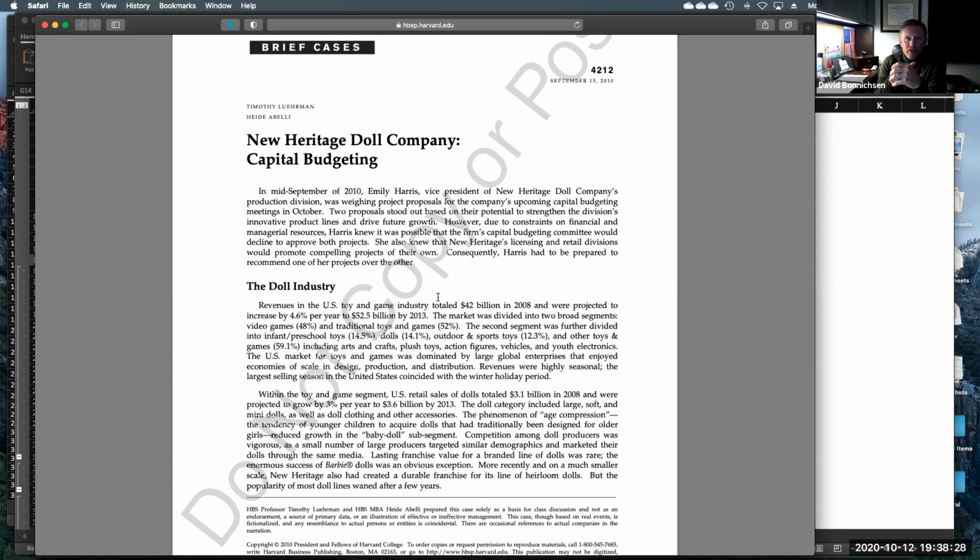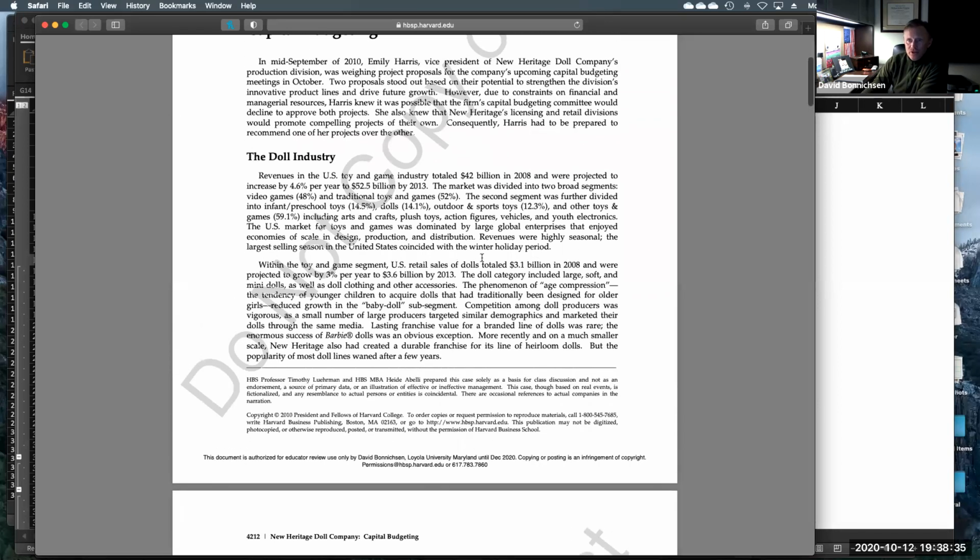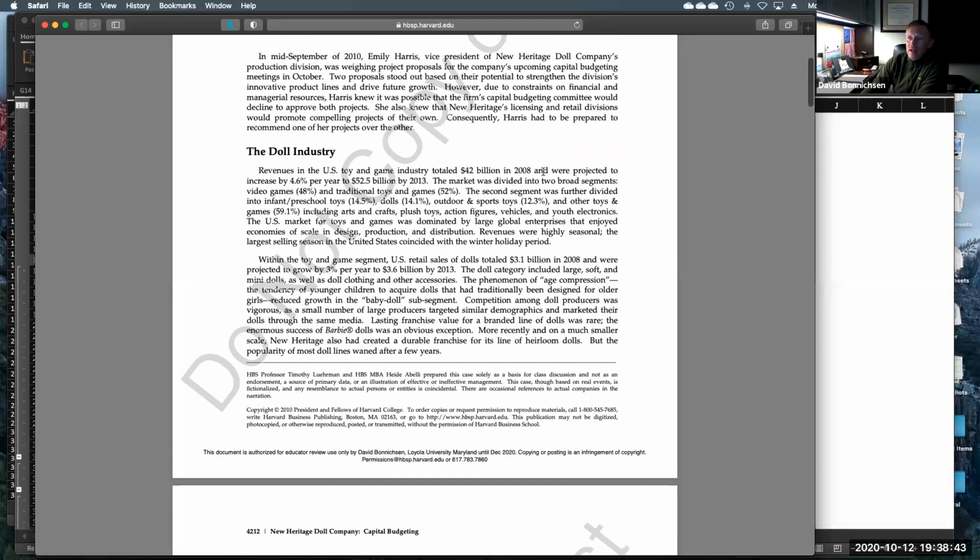That's the objective. You're given some information about the doll industry as a whole, and there are some important pieces of information here that I want you to take your time to think about. If the total toy and game industry is expected to grow by 4.6%, and Heritage Doll Company was growing at 9 or 10%, then one might suppose that growth rate for Heritage is probably not sustainable in the long term.